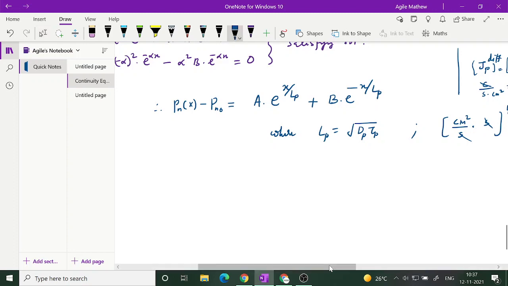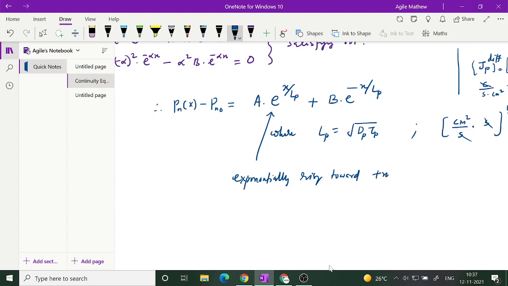Now we got a solution. If you compare the two solutions, one has x by Lp in the exponential, and the other has minus x by Lp. The first is exponentially rising toward the plus x direction because Lp is positive, which is impractical.